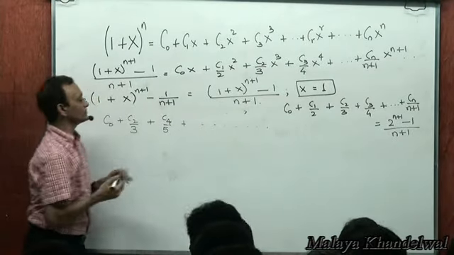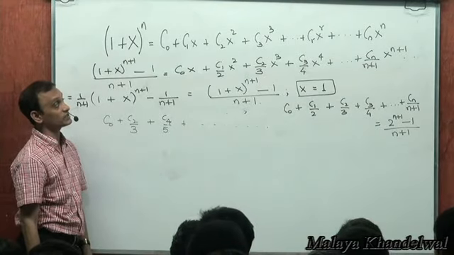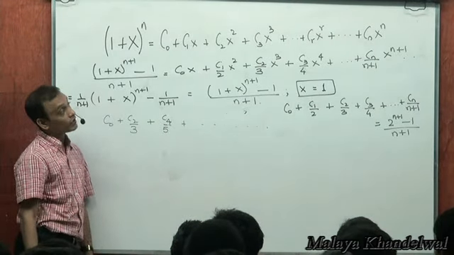Suppose I want to find the value of this, c naught plus c2 by 3 plus c4 by 5, etc. What will I do?